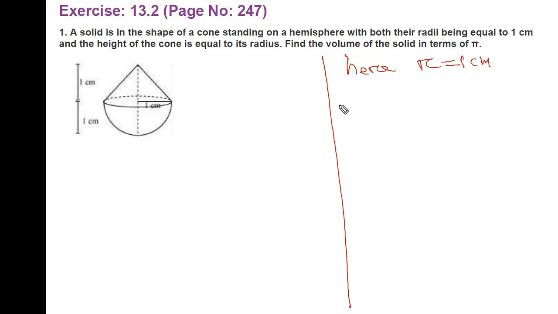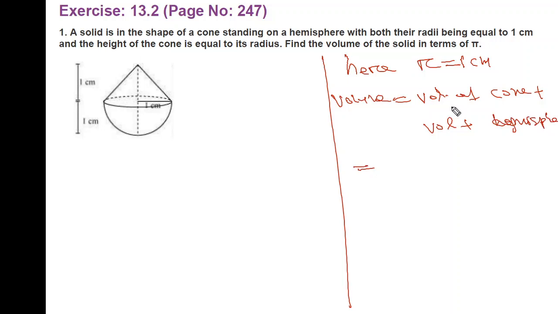So volume will be equal to volume of this cone plus volume of this hemisphere. So volume equal to volume of cone plus volume of hemisphere, which will be equal to, you know that volume of a cone is 1 by 3 pi r square h, this is the formula, plus volume of the hemisphere, you know, 2 by 3 pi r cube.